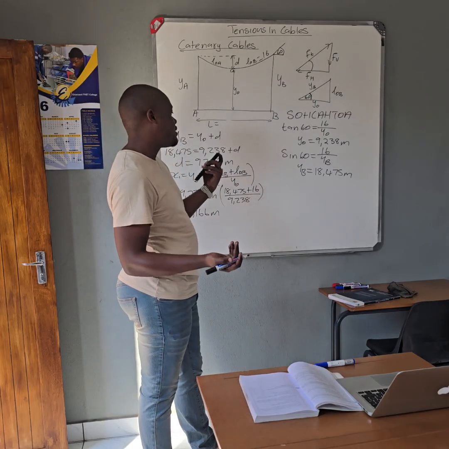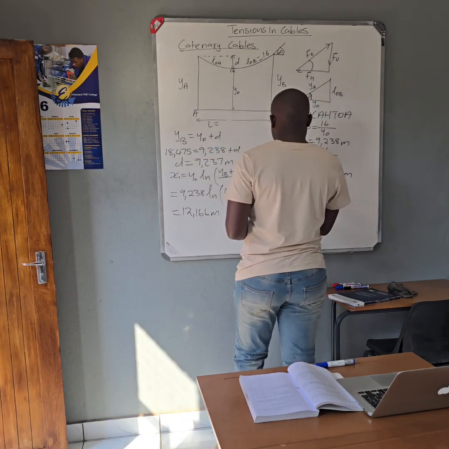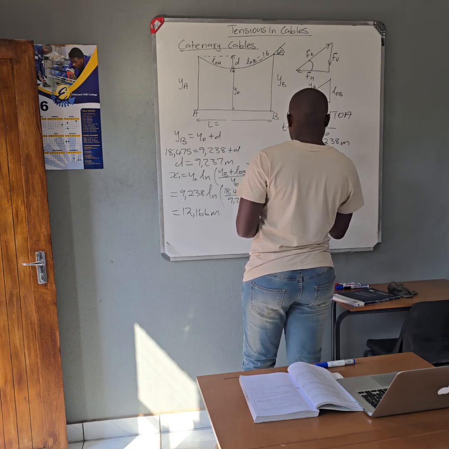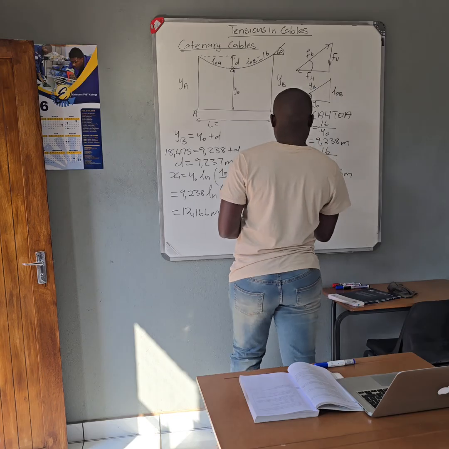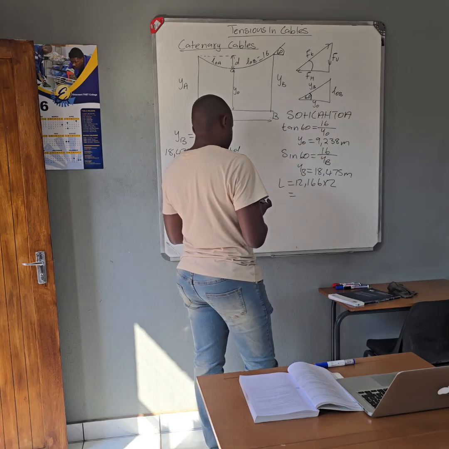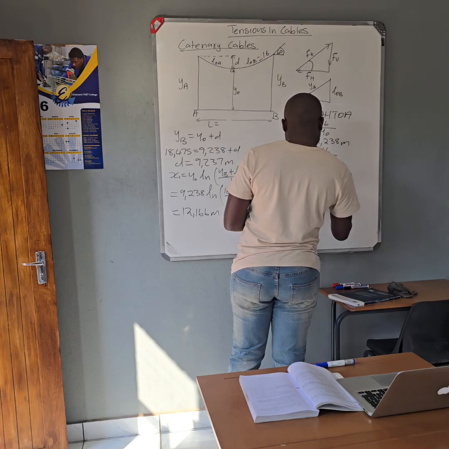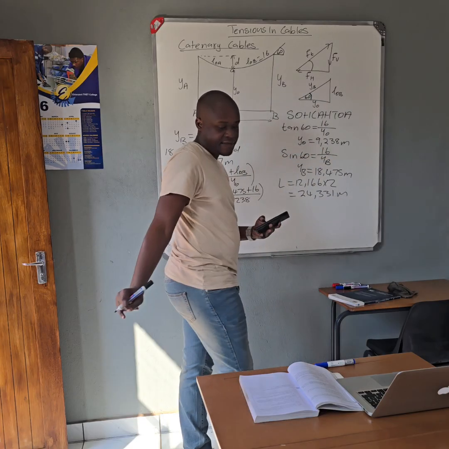Simply just multiply your answer now, not to one. So n is now going to be equal to 12,166 multiplied by 2. Multiplied by 2, you get 24,331 meters.